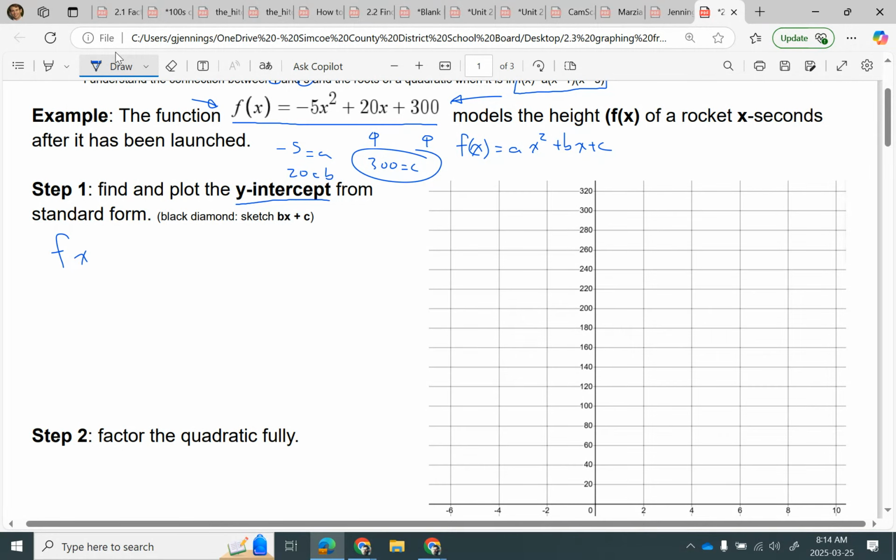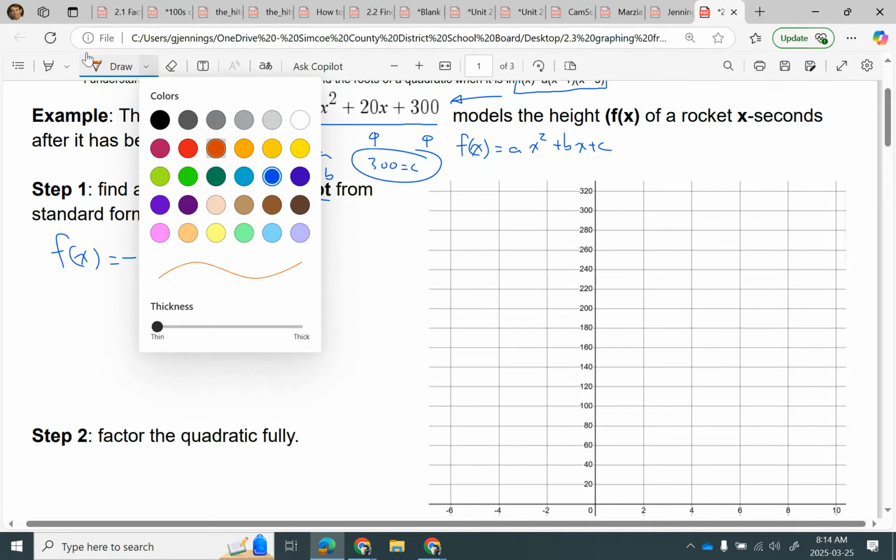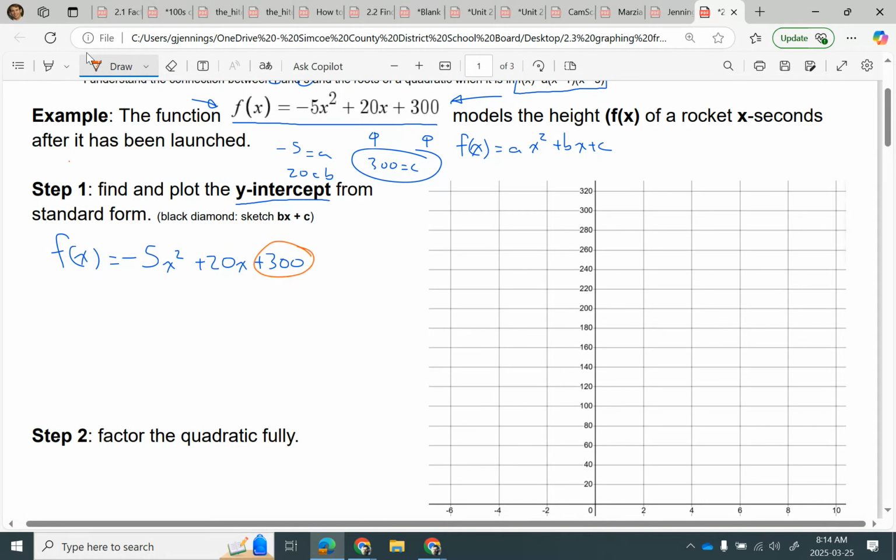Copy it out. f of x is equal to negative 5x squared plus 20x plus 300. What we are looking for is the value of the function when x equals 0. What does y equal? One way you can find it is just by substituting in f at 0 and solving. And what you will find every time is that you get this value.